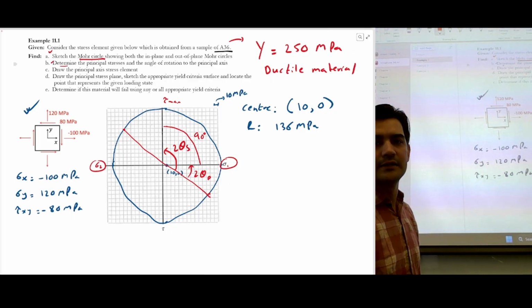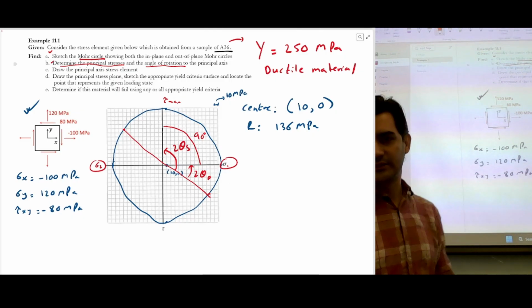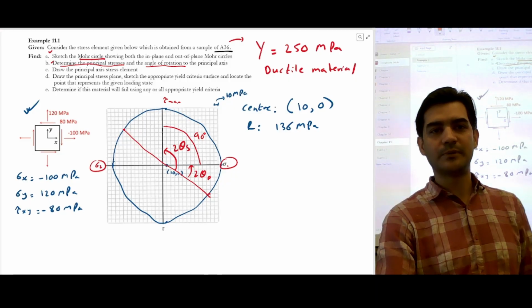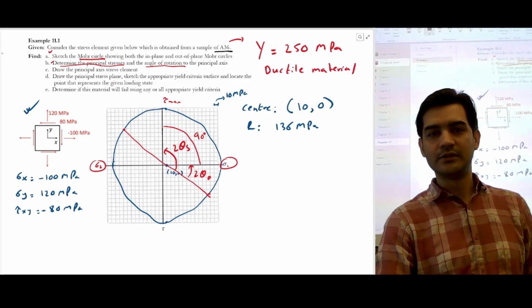The second part is to determine principal stresses and angle of rotation. You can calculate principal stresses. This is more important because principal stresses are going to be utilized in the yield criteria. So that's the A part.